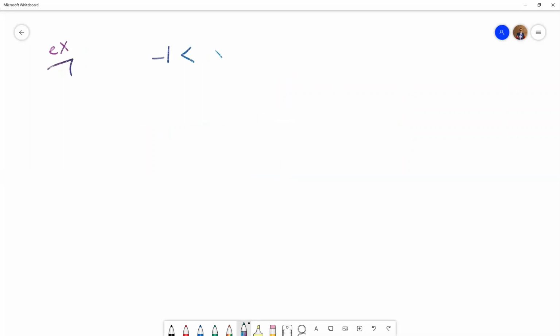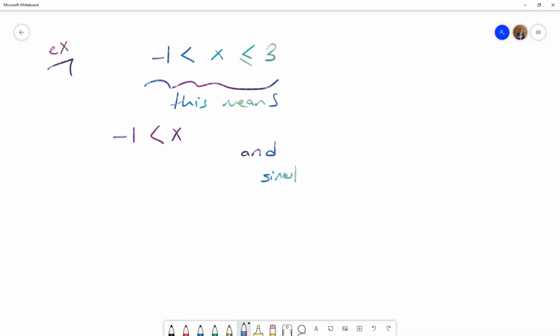Another one is maybe like that: -1 is smaller than x, and x is smaller than or equal to 3. So this means x is bigger than -1, and simultaneously, together, x is smaller than or equal to 3. So how can we write this one in geometry?